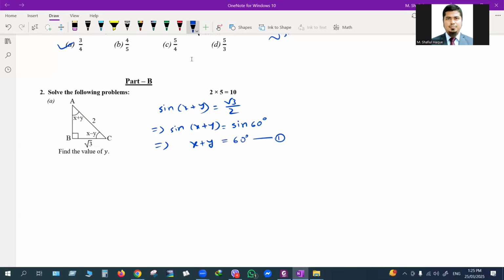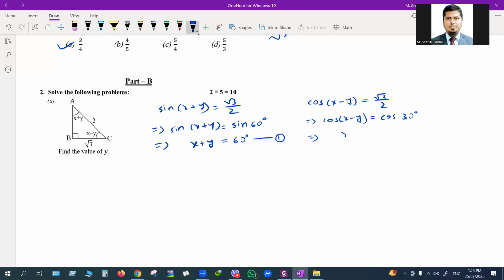And again, if you consider the angle x minus y, root 3 is the adjacent for x minus y. So cos of x minus y is adjacent by hypotenuse, cos 30 degrees equal to root 3 by 2.